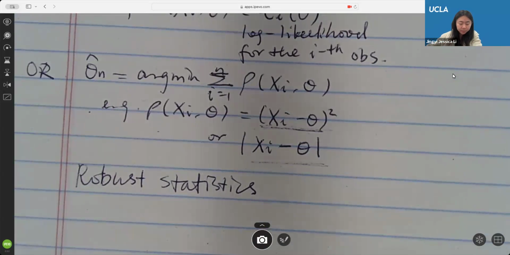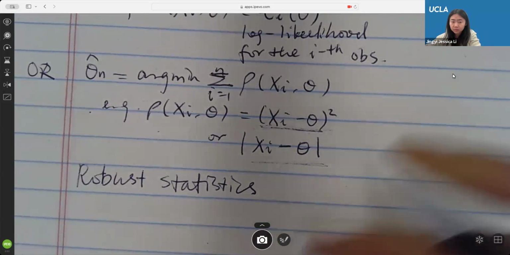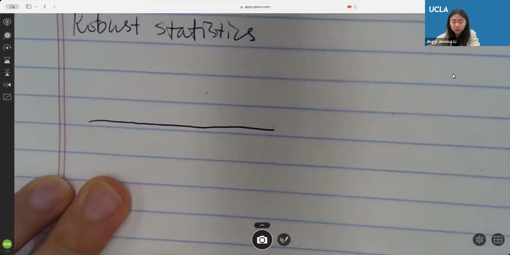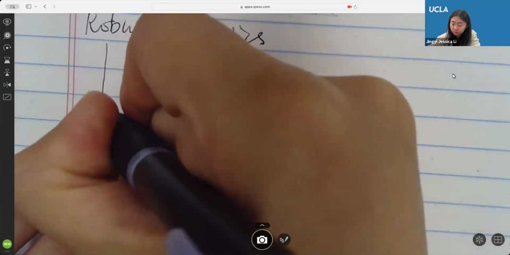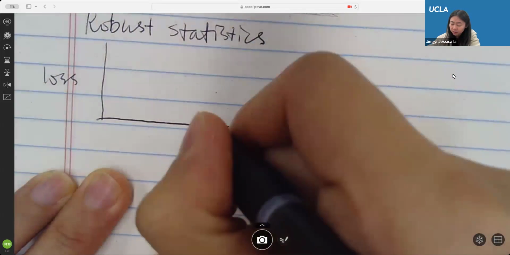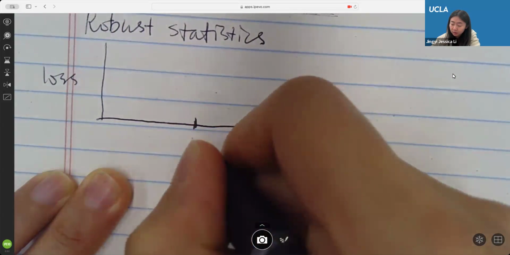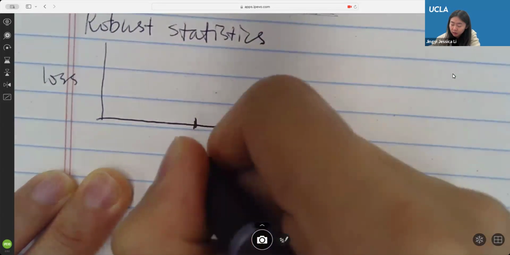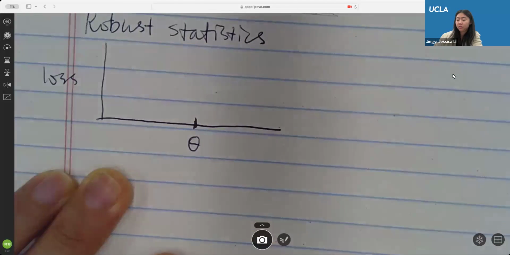But if we draw the two loss functions, we can take a look. It's very interesting. For example, let me just go down here and draw a loss. If this is my theta, I'm looking at my value x_i to see the loss it contributes.